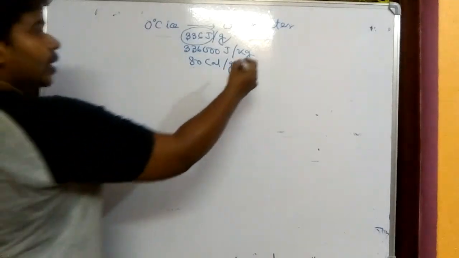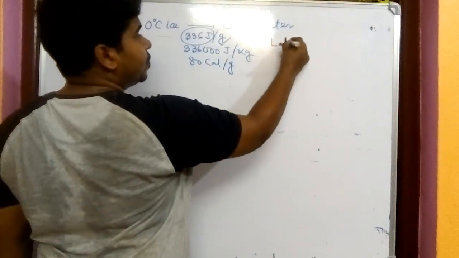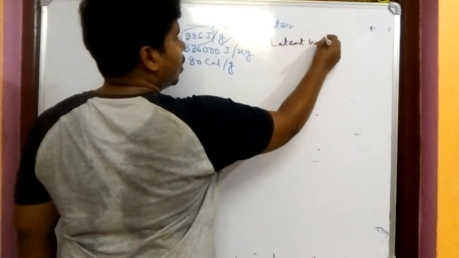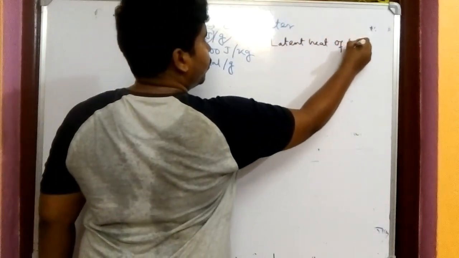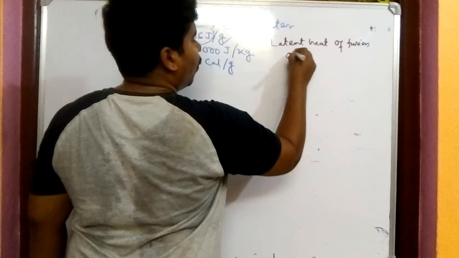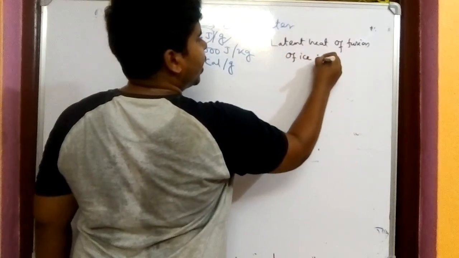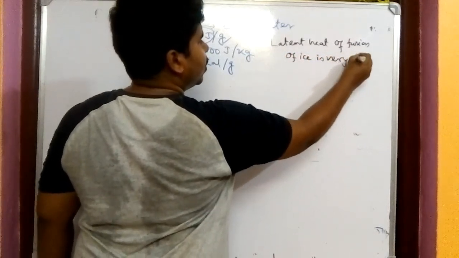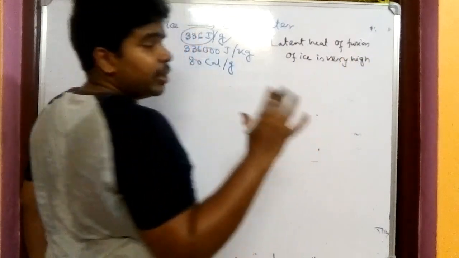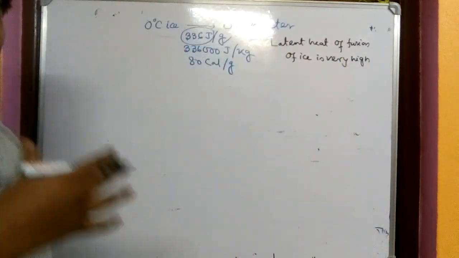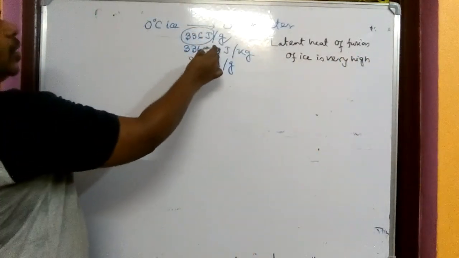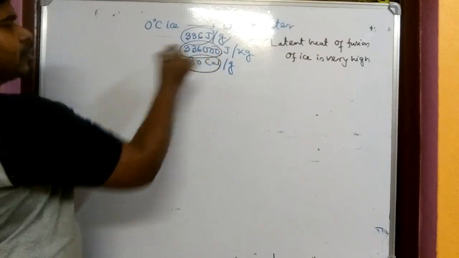We can say that the latent heat of fusion of ice is very high. If you see the chart given in your book and read it, you will understand that this value is very high.